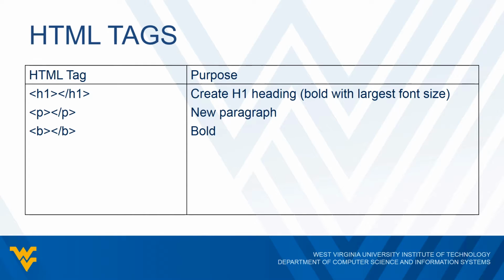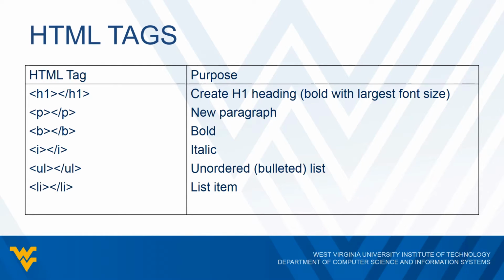The B tags would allow us to bold our text, and the I tags would allow us to italicize the text. The UL tags take care of creating an unordered list, or this would basically be a bulleted list. The LI tags would be used inside the unordered list, and we would have a pair for every single item that would be in the list.